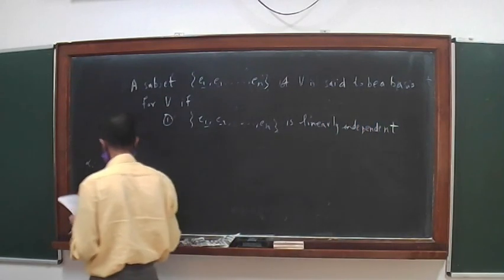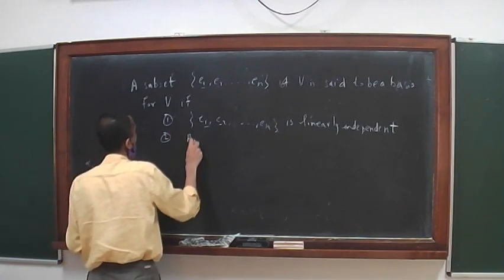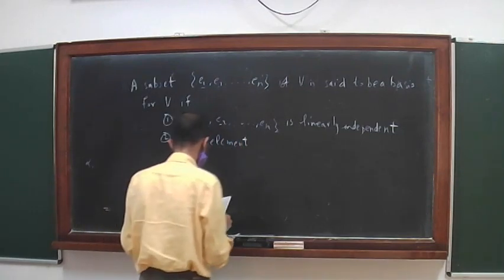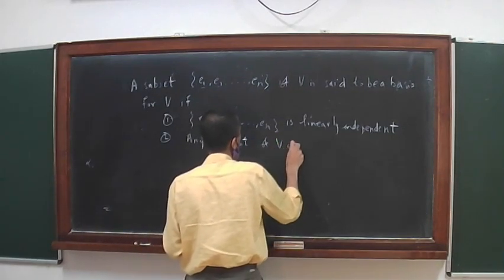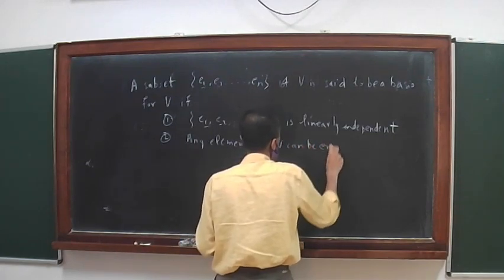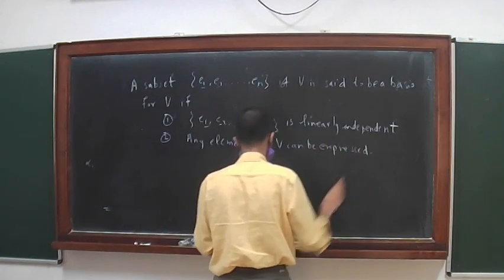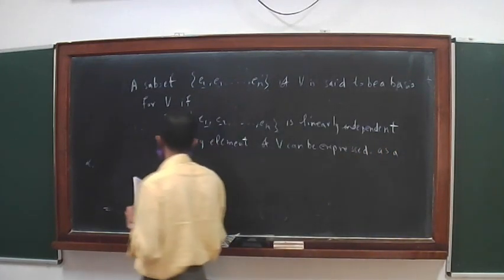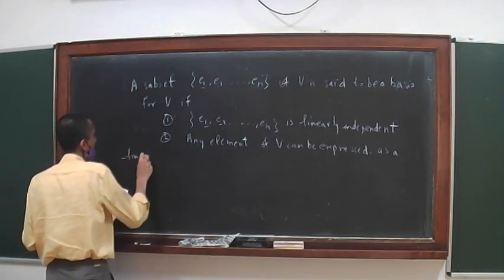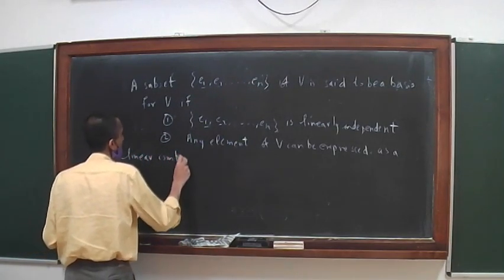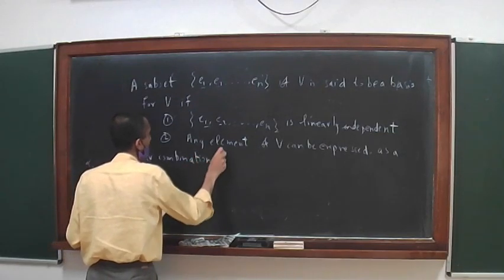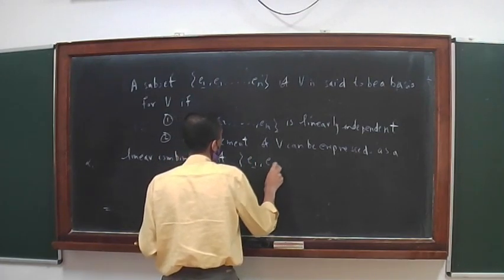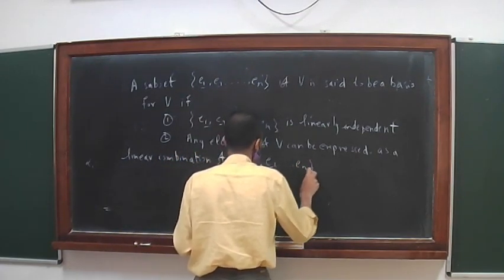And the second property is that any element of V can be expressed as a linear combination of E1, E2, and so on up to En.